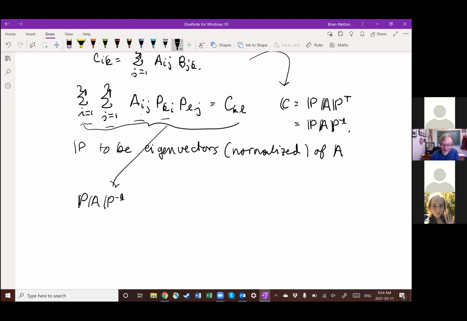This is the usual diagonalization process. It just gives me the eigenvalues lambda 1 and lambda 2, the eigenvalues of A.